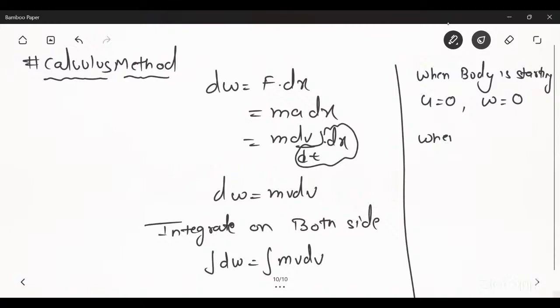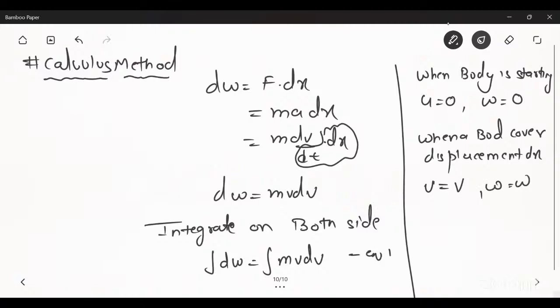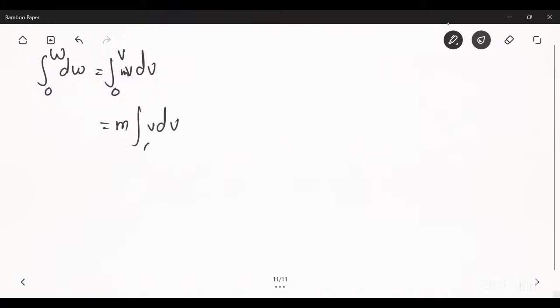And when the body covers displacement dx, at that time its velocity will be v and its work done will be W. So I can integrate this equation within the limits of velocity 0 to v and work done from 0 to W. So integration from 0 to W of dW equal to integration from 0 to v of mv dv. Take m outside.